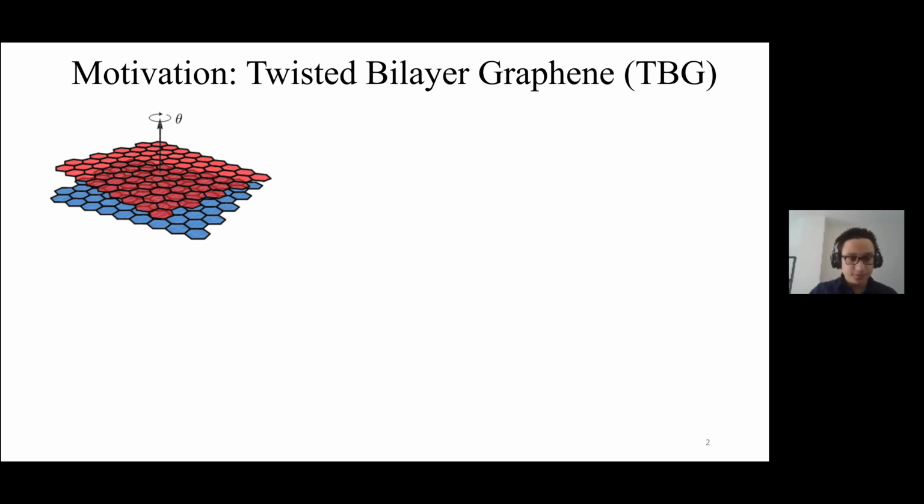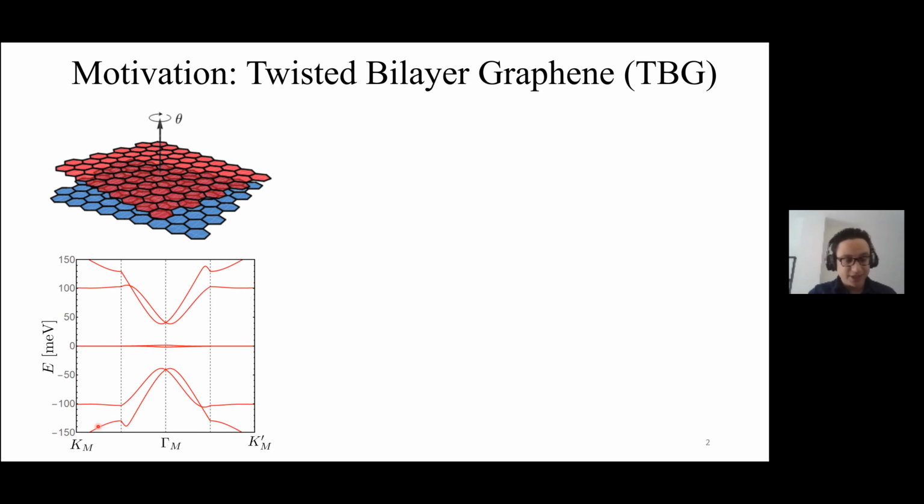In particular, close to a certain angle known as the magic angle, we find that a pair of very narrow, almost flat bands appear close to charge neutrality. And flatness of the bands means that the kinetic energy is quenched, which means that the interaction effects will be magnified. So at partial filling of these two bands, we expect enhanced correlation effects.